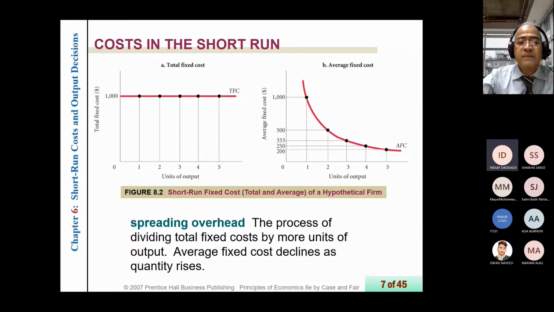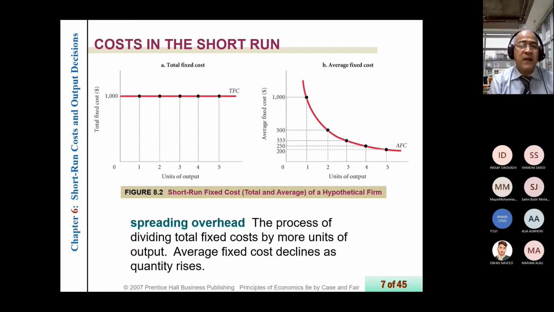Spreading overhead is the process of dividing total fixed cost by more units of output. Average fixed cost declines as quantity rises. So to lighten the difficulty of paying high fixed cost, you have to produce as much as you can. Think about Ittisalat.